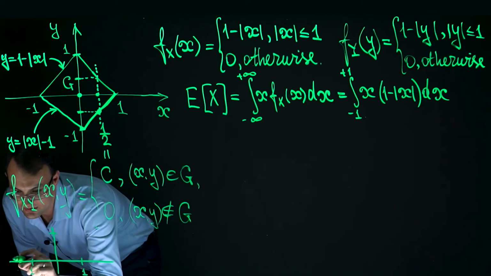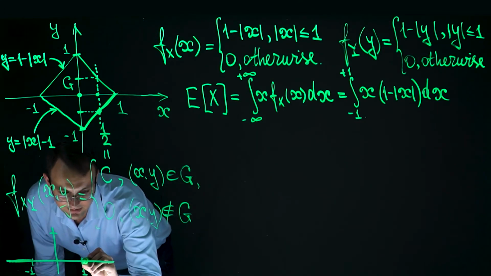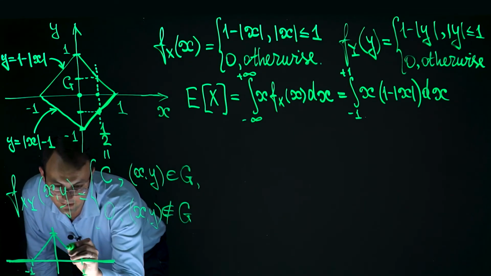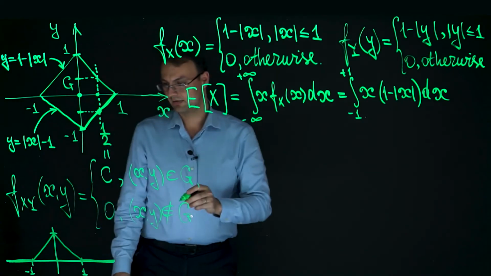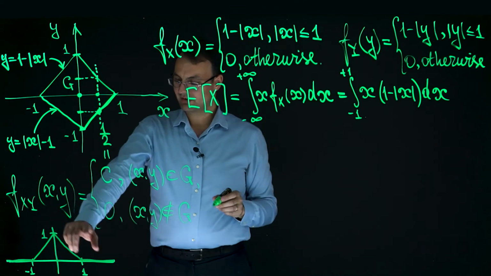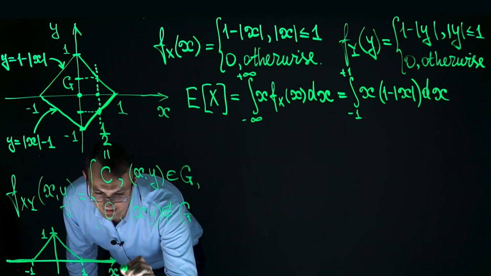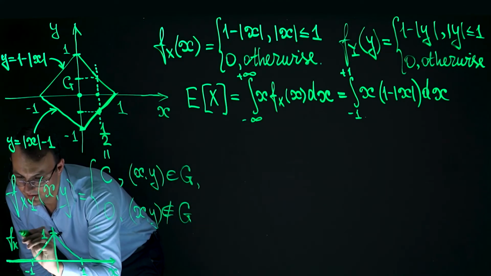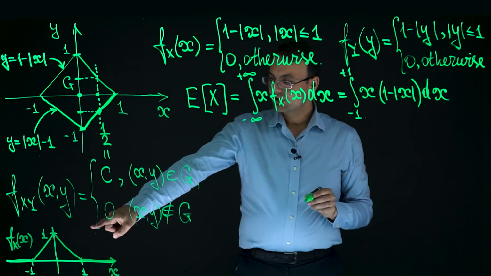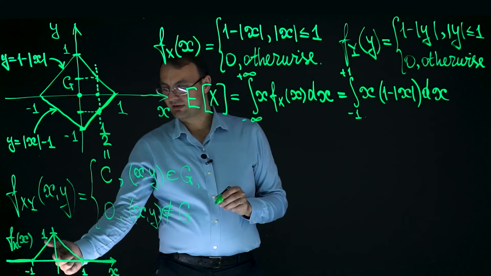This function is 0 here and here and has shape of a triangle here between minus 1 and 1. So this is marginal PDF. So you see, this function is an even function. So it is symmetrical with respect to 0.